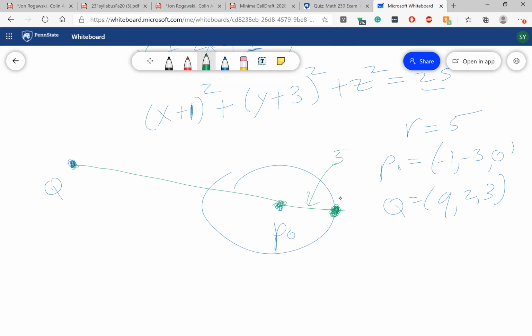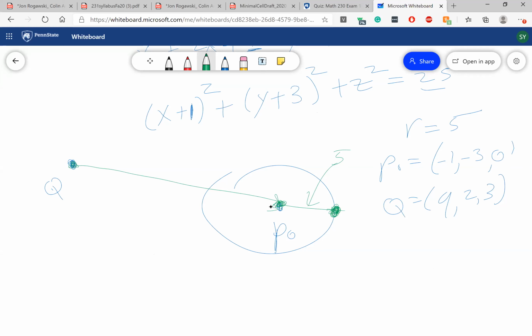If you were asked to find the actual point on the sphere that's furthest away, any idea of what you would do? Anyone? So you can look at the vector from here to here.